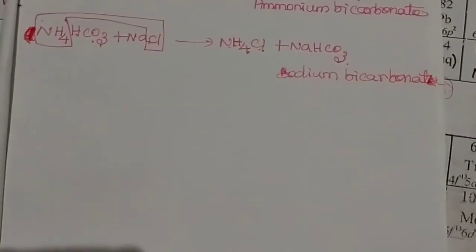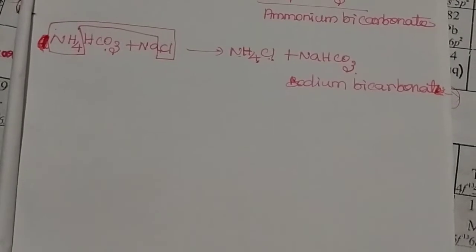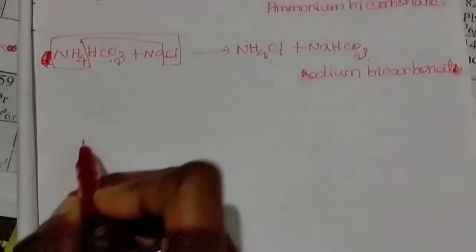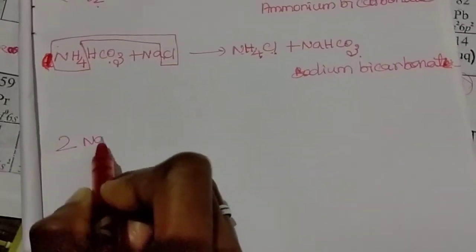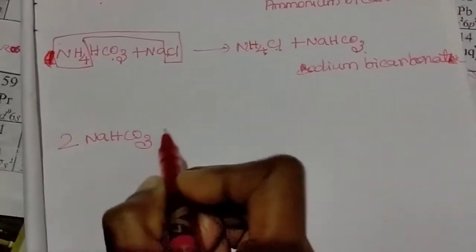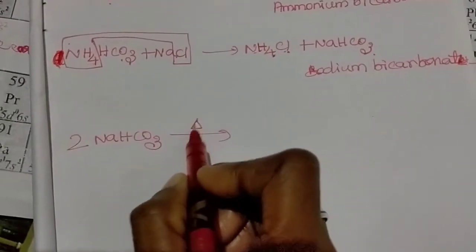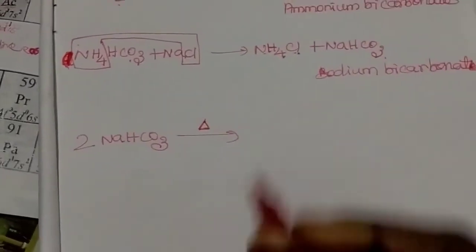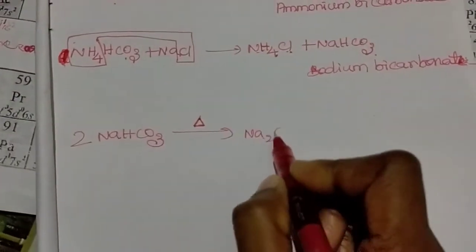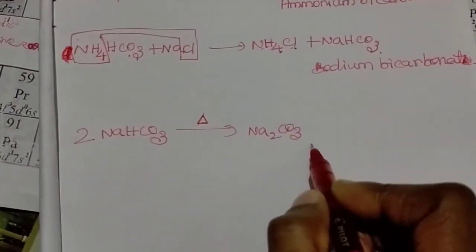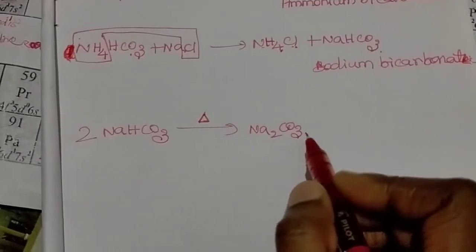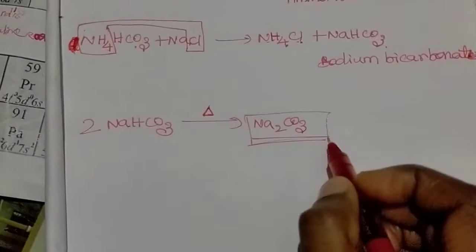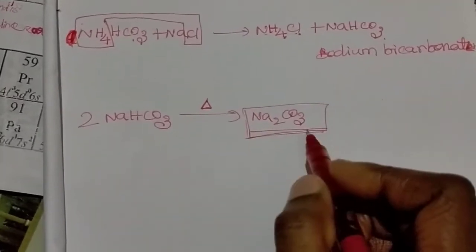Then it undergoes the heating process. So 2NaHCO3 undergoes heating and is decomposed to produce Na2CO3. So what is Na2CO3? It is sodium carbonate. What we need is sodium carbonate only. So we are preparing this sodium carbonate.